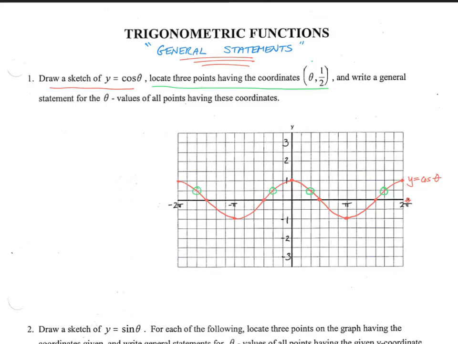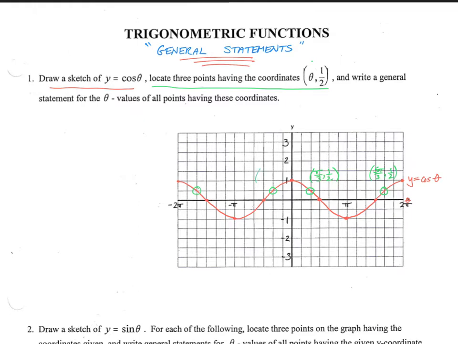And now I'm just going to label those points. Working with probably the easiest one to come up with, it would be this one that exists at an angle value of pi by 3, and we know the y value of 1/2. This one at the end of that first positive rotation is a pi by 3 backwards, so I'm at 5 pi by 3, because I'm a pi by 3 short of 2 pi.